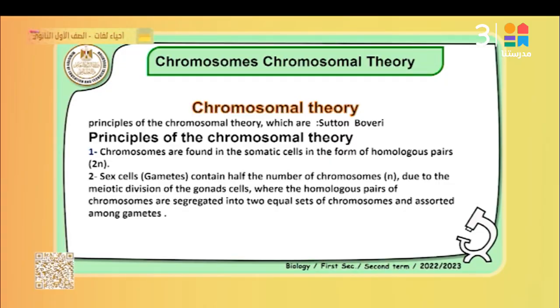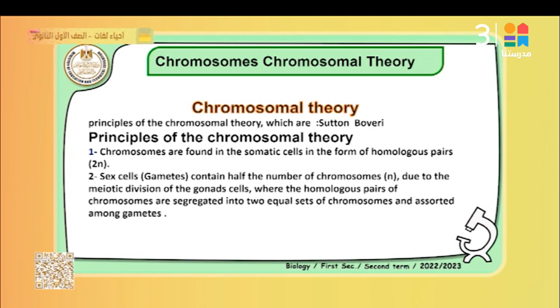Chromosomal theory. There are two scientists, Sutton and Boveri, who put the principles of the chromosomal theory. First principle: somatic cells are diploid, 2N, and contain homologous pairs of chromosomes.